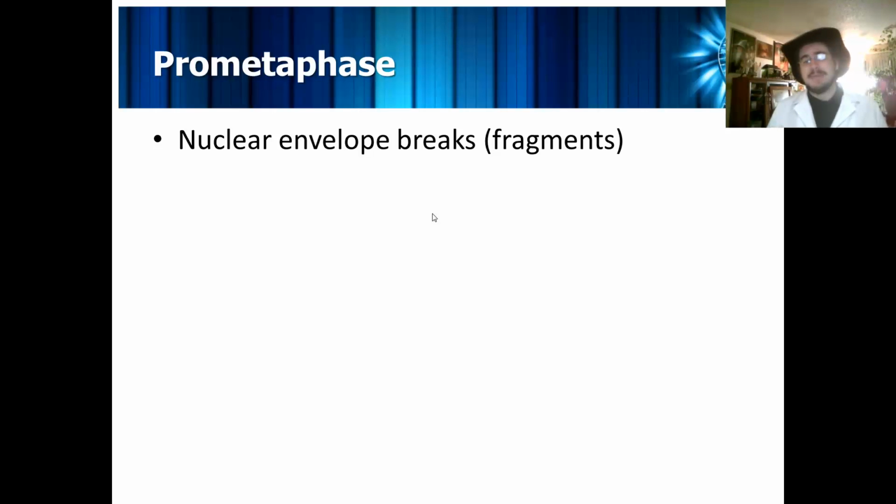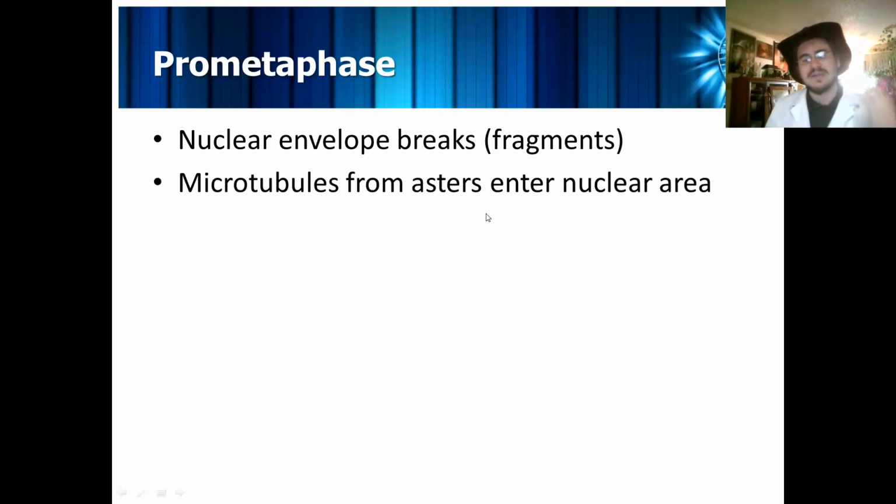And what's going to happen is those mitotic spindle fibers are going to invade the nuclear area. Now that it's exposed because the nuclear envelope fragmented, the spindle fibers work their way in and start attaching to the kinetochores on the centromeres of our fully condensed chromosomes.